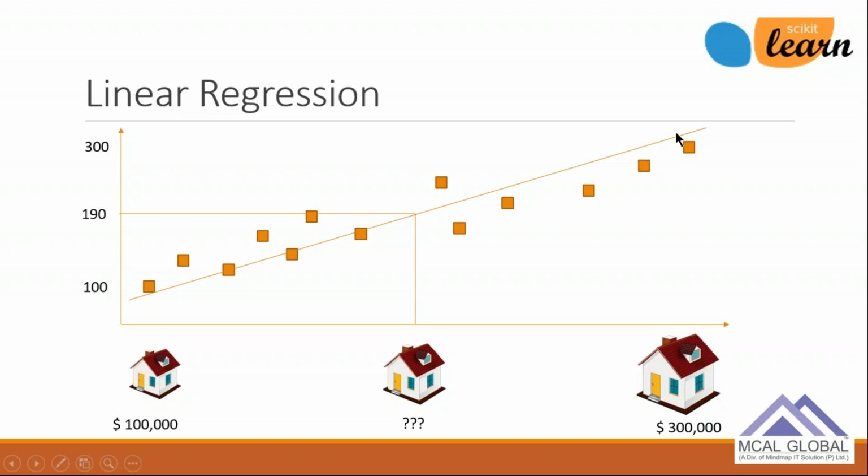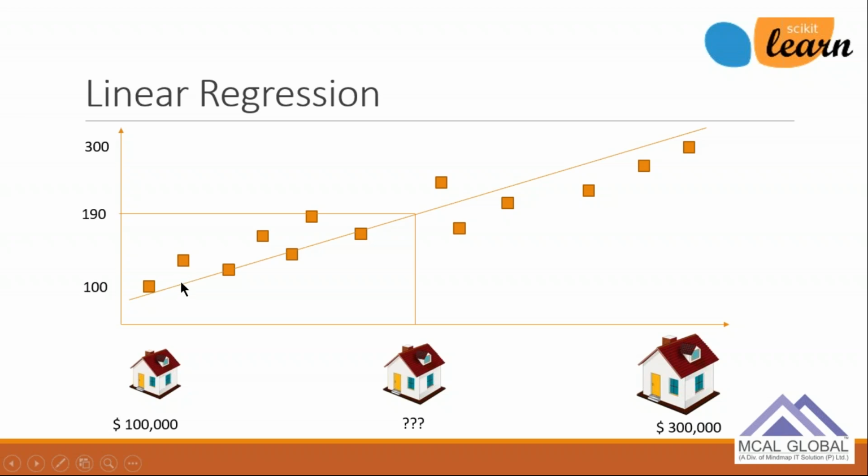You want to put this line in such a way that the error, which is the distance between the actual data and your line, is minimized. So for this point, drop a line from here to your line.